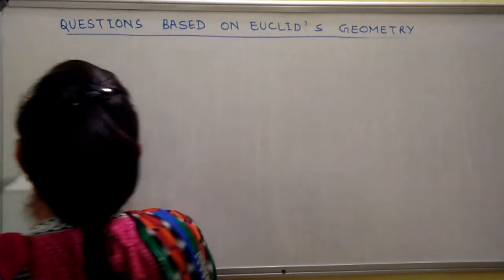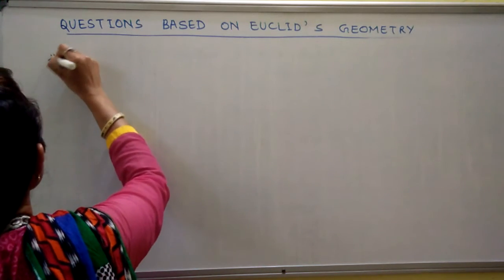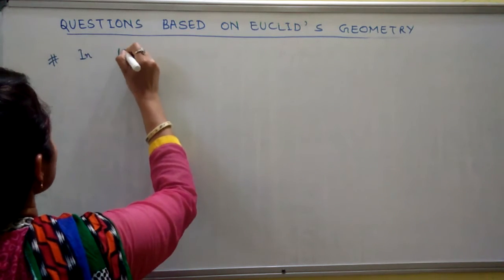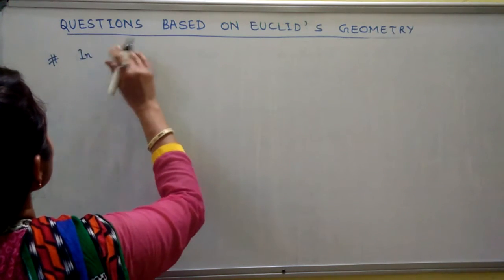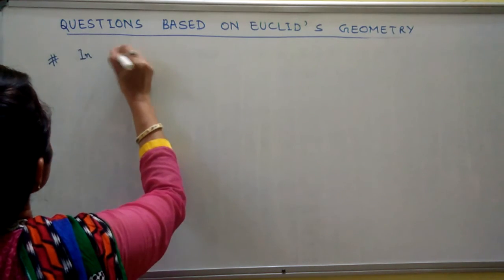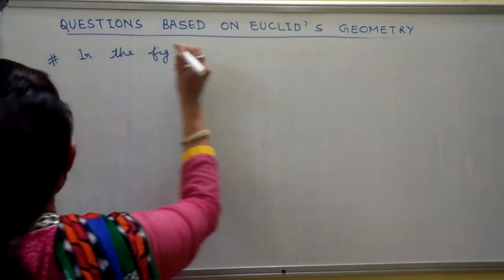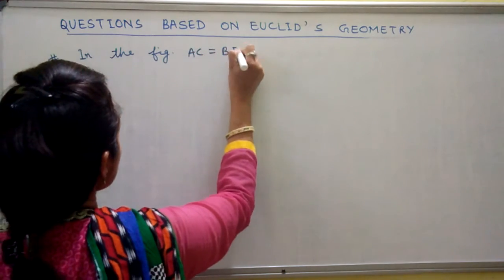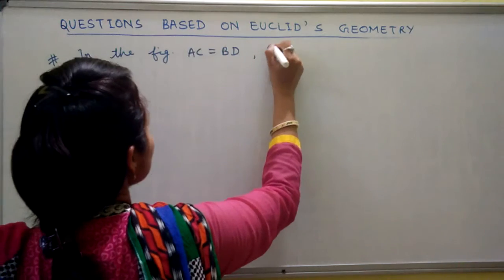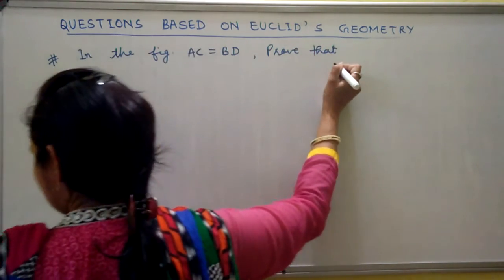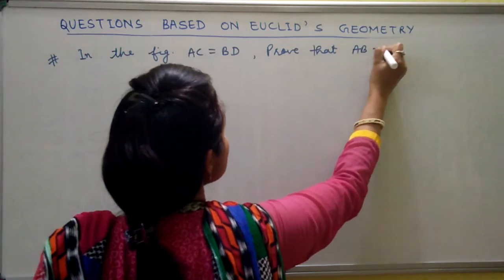In the figure given to you, AC equals BD, and prove that AB equals CD.